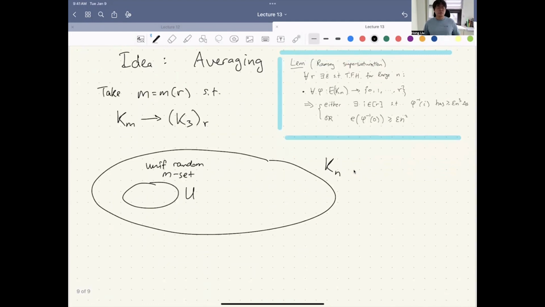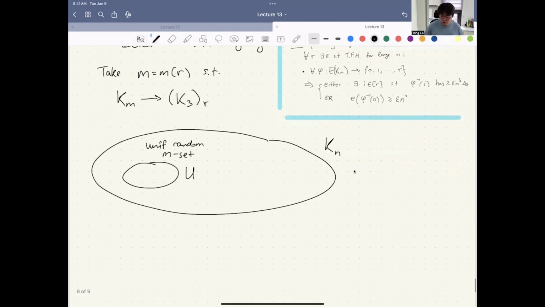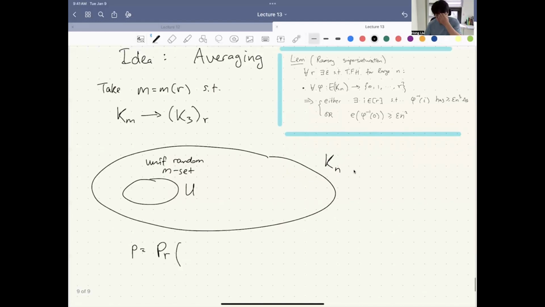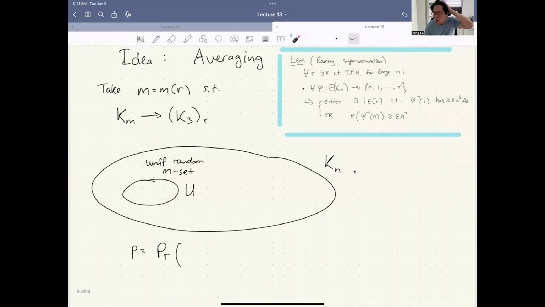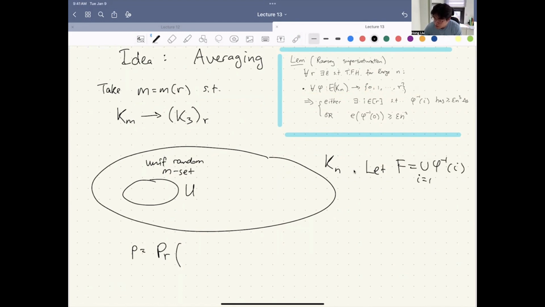We have two cases. Let p be the probability that, what are we given? What we're given is an (r+1)-edge-coloring of the complete graph. Let F be the union of all the other colors, 1 to r.